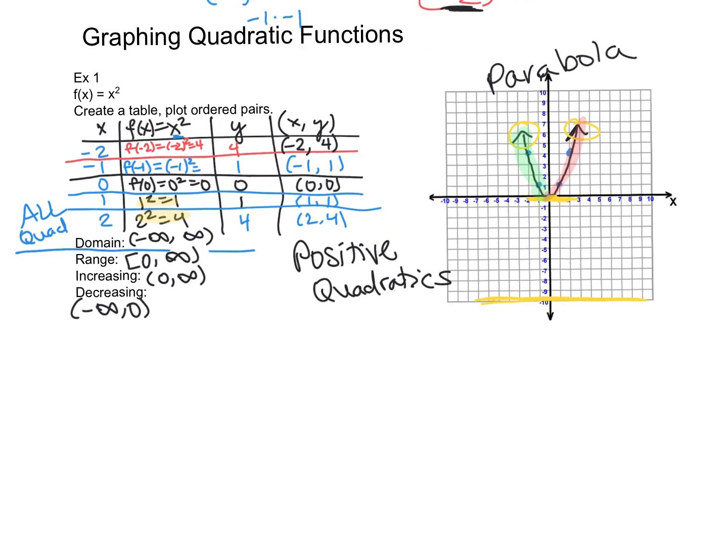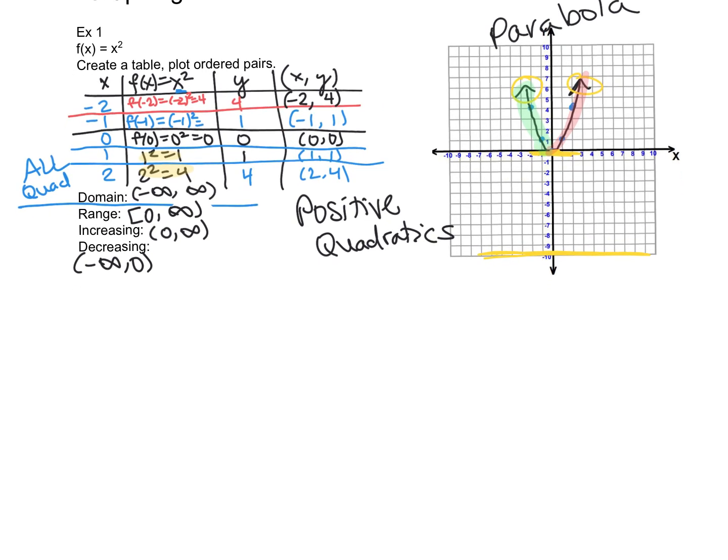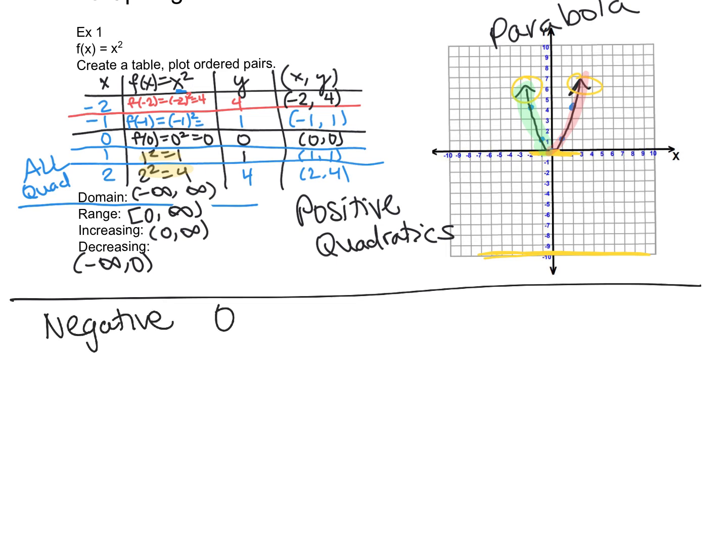But I do want to scroll down a little bit to talk briefly about negative quadratics. So negative quadratics would be if I had negative x squared. So we just did positive x squared, right? We did a positive x squared right here.